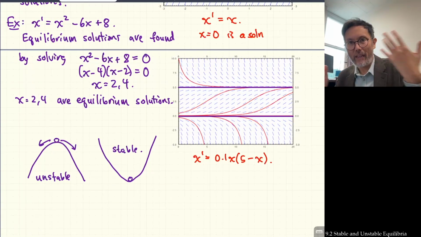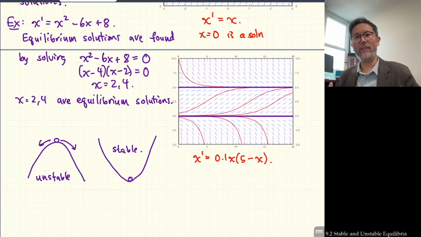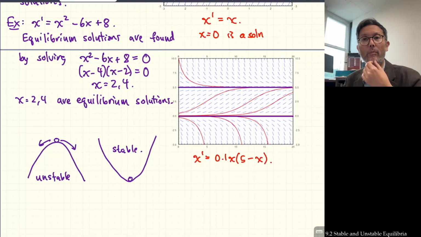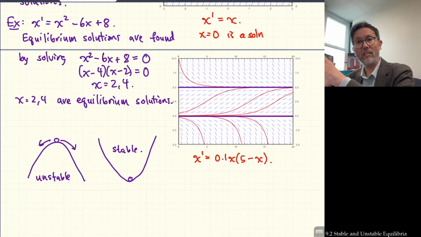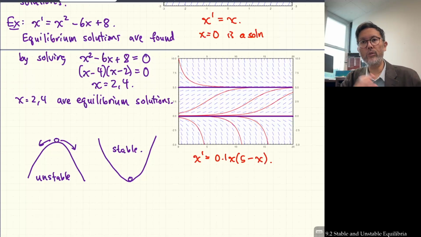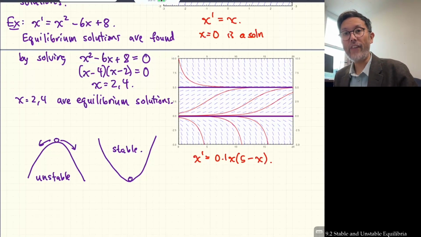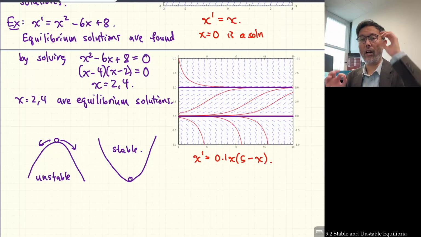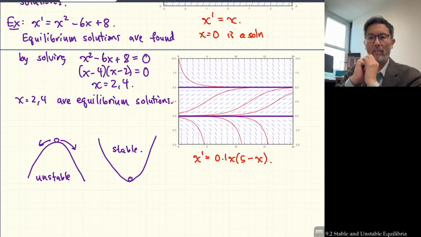The same kind of idea applies for equilibrium solutions to differential equations. What we want to be able to do is to distinguish stable solutions from unstable ones, and we're going to do that through a tool called a phase portrait. We'll talk about that in the next video.